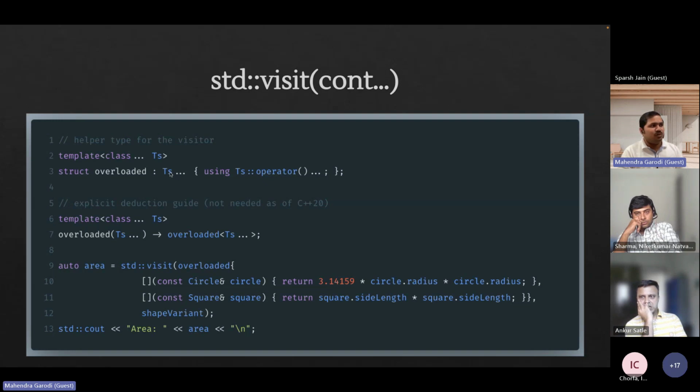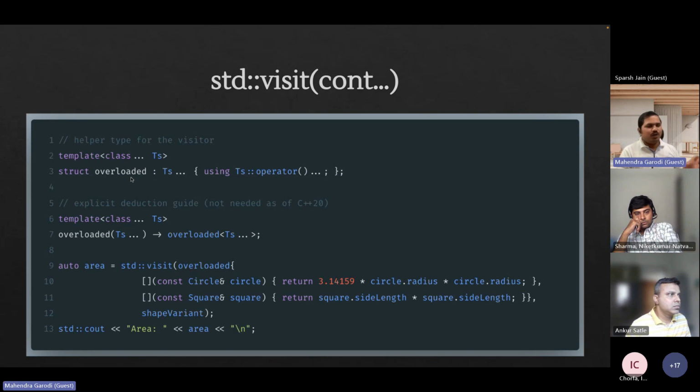Then this overloaded will get inherited from all these lambdas, right? And then in that overloaded, I am saying, use the operators, make them visible on the overloaded one. So at the end, I am instantiating this overloaded one only, and all these lambdas' operators are part of this overloaded structure.